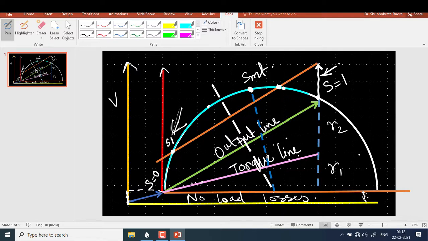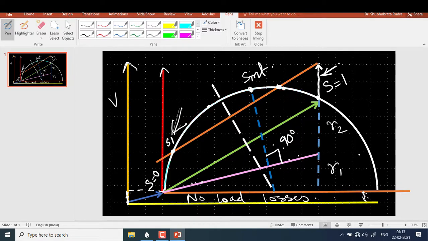This angle is 90 degrees. This is SMT. So this is our stable operating zone and this side is our unstable operating region.